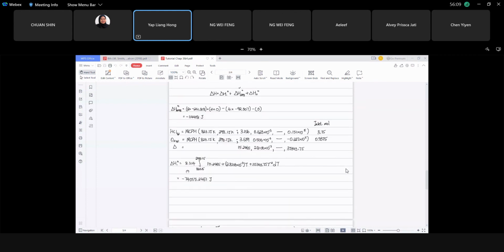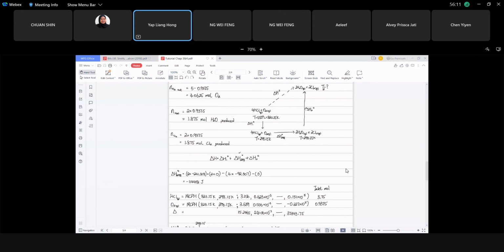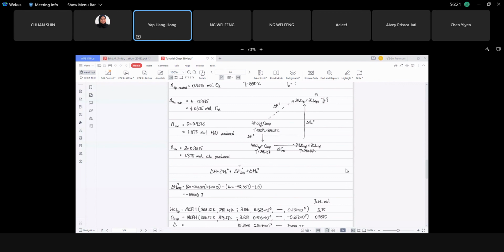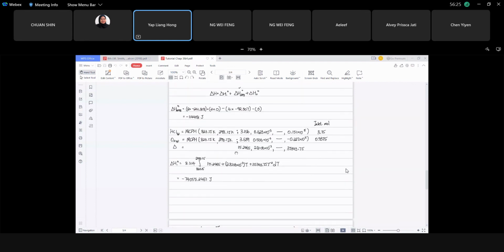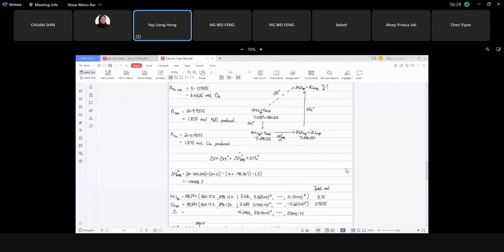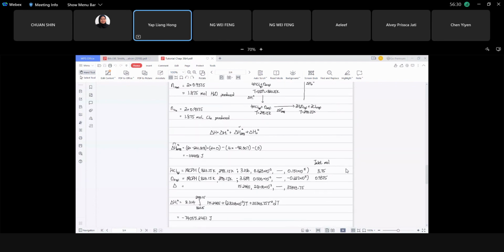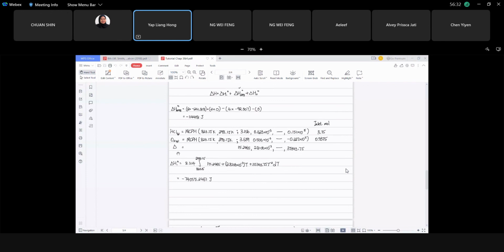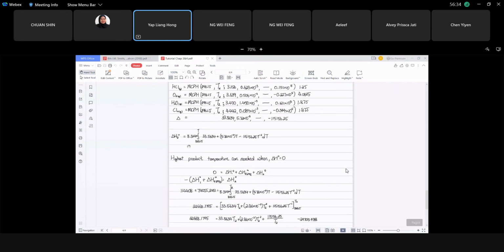And then later you need to find the del H1 and del H2 because there is a temperature change from the feed to the calculation you do here. Then you go to this T2 here to find the temperature. So basically you need to find all these three things.